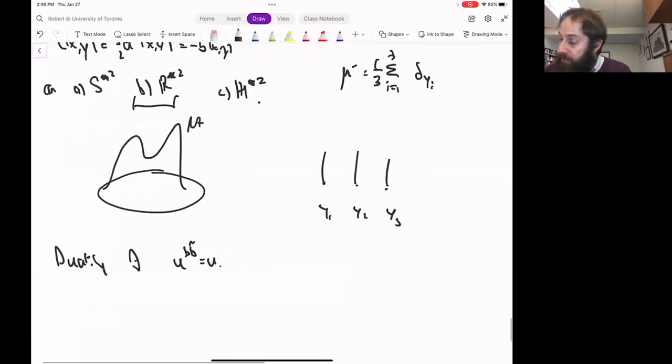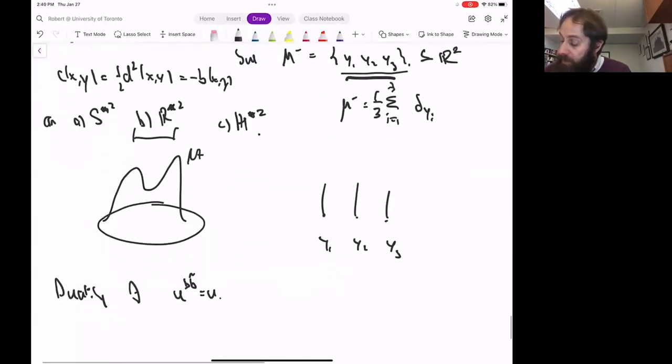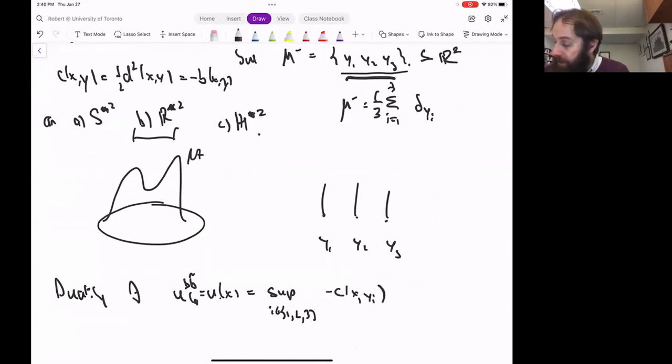And if I think of the target as being just these 3 points, then what it means to be b-convex is that u of x is a supremum as i counts from 1 to 3 of minus c(x, y_i) plus or minus a constant, which can depend on y_i.